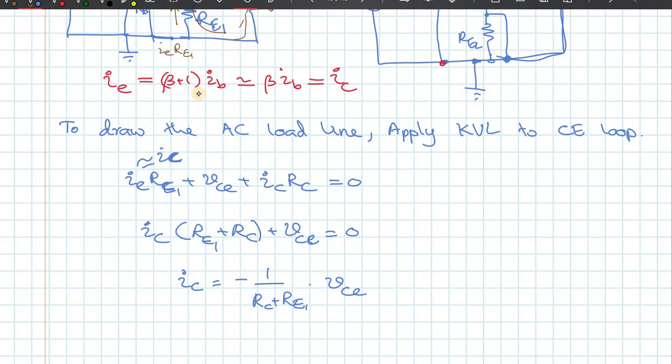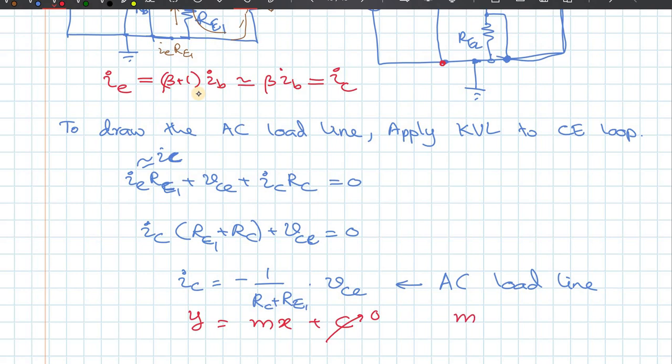So that is my expression. This describes my AC load line, because what we need is an expression between IC and VCE. You immediately notice that now you don't have an intercept. Okay, there is no plus C. So this is like y equals mx. This is y equals mx plus C, where C is 0.